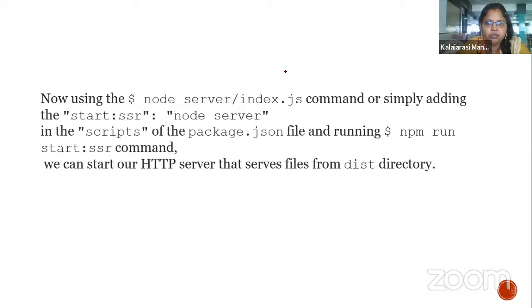Let me shift to the code so that I can show you some part of the code. We will be switching between the code. So right now I am opening my Visual Studio Code, so that will take some time. Just give me some time.